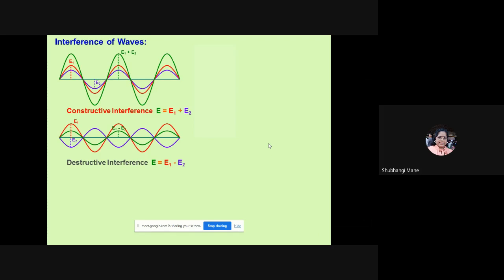Okay. As per the conditions, in order to observe the phenomenon of interference, we should follow four conditions. The first, sources should be narrow; sources should be monochromatic; sources should be of equal intensity; and sources must be coherent. These are the four conditions required to observe interference of waves.